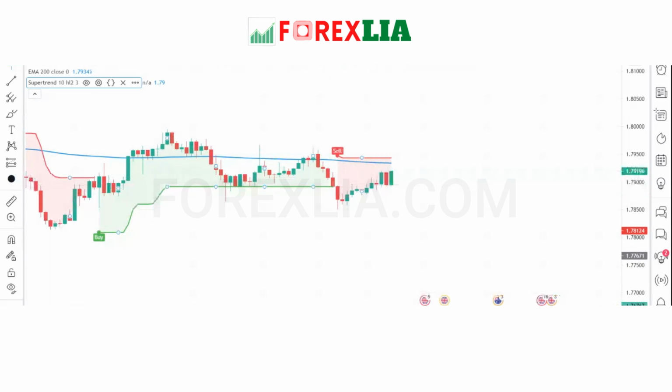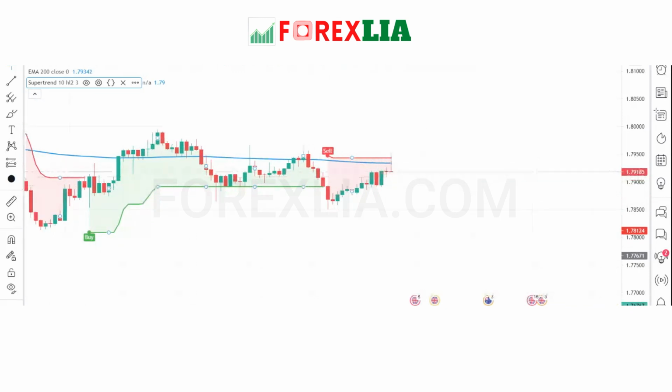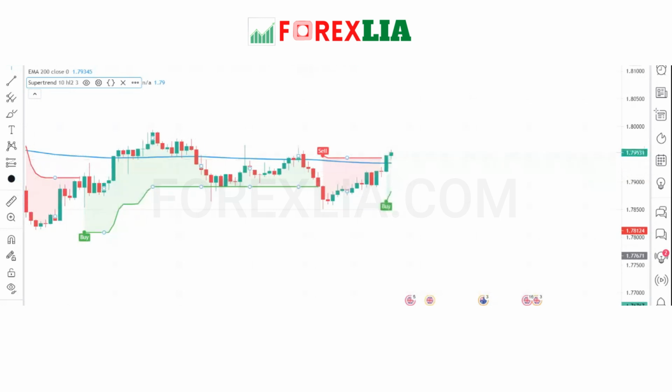If the market is above the 200 period EMA with Supertrend confirmation, we take a buy trade. Now here is the buy trade confirmation. We place the buy trade here.